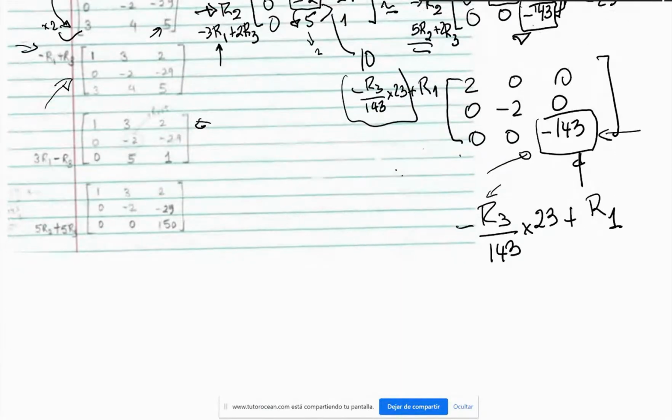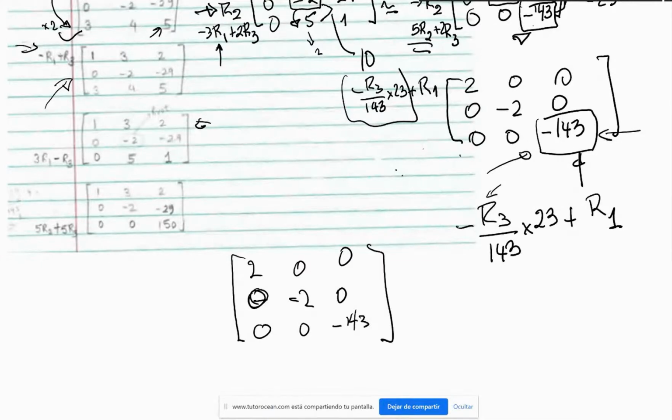Then you are almost finished because you got here 0, minus 2, 0, 0, 0, minus 143, and now you want to reduce to echelon form. 1/2 of row 1, minus 1/2 of row 2, minus 1 over 143 of row 3.